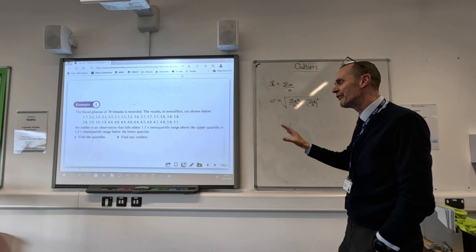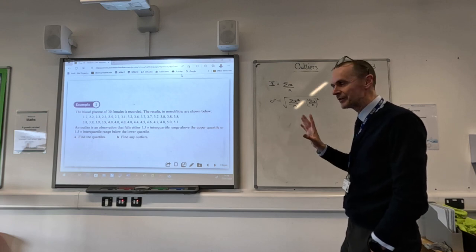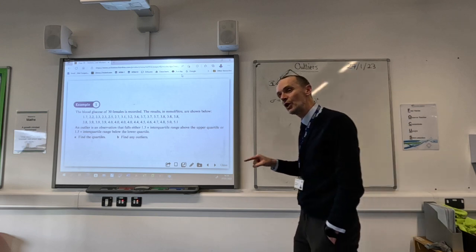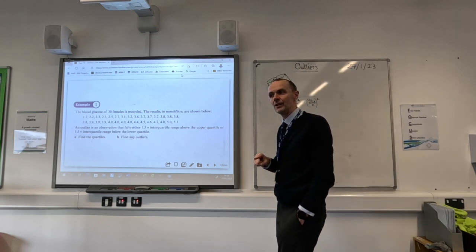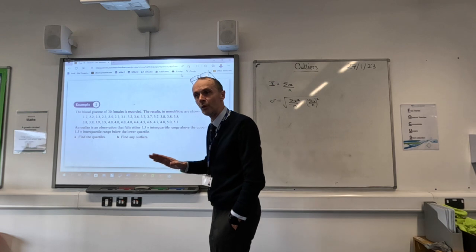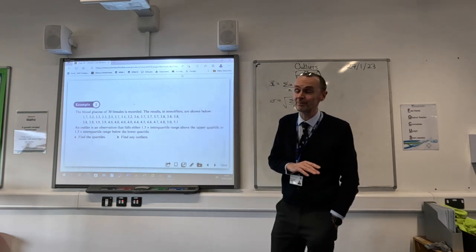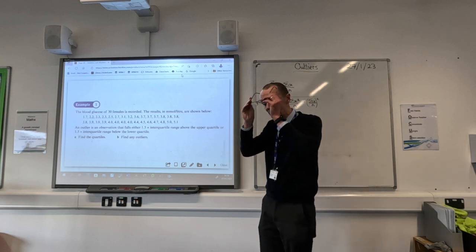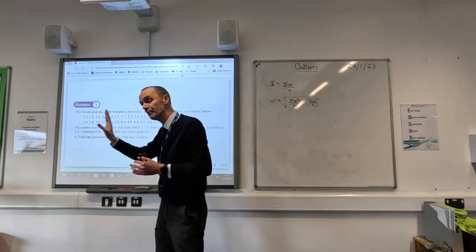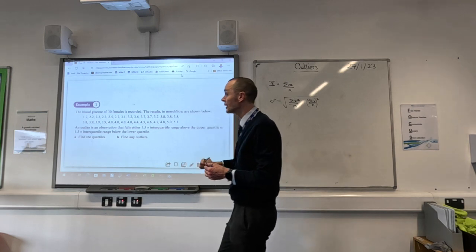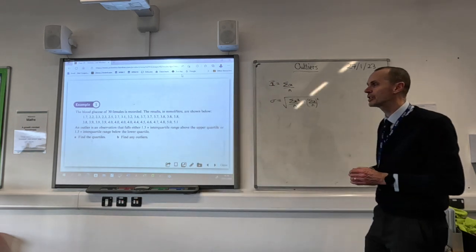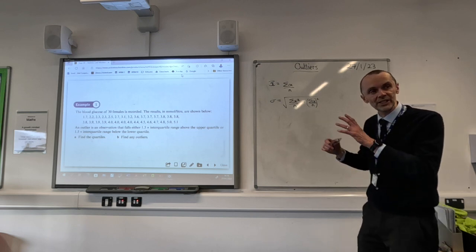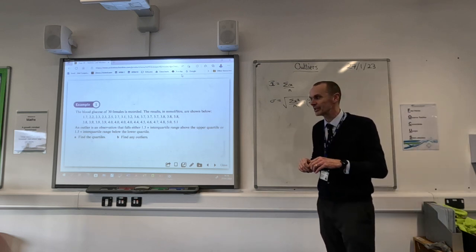But an outlier is a value that doesn't quite fit with the rest of the data, and there is no standard definition for what an outlier is. So any question that talks about an outlier, and we're talking here about values which are either much smaller than all the other values or much bigger than all the other values, would tell you what the definition of outliers is in that question.